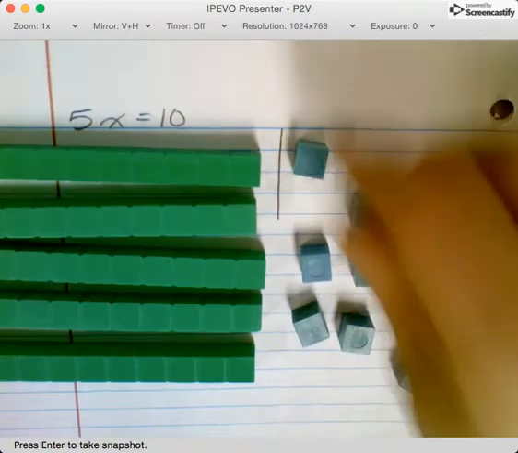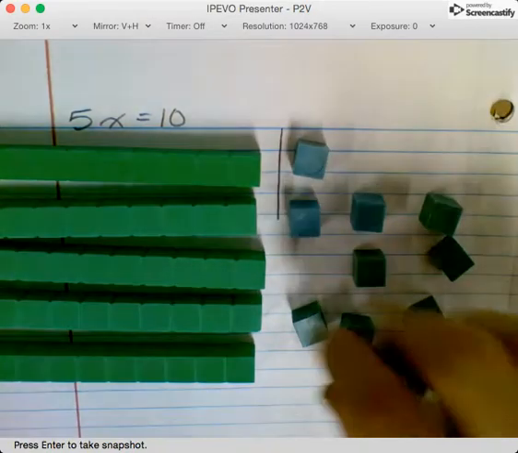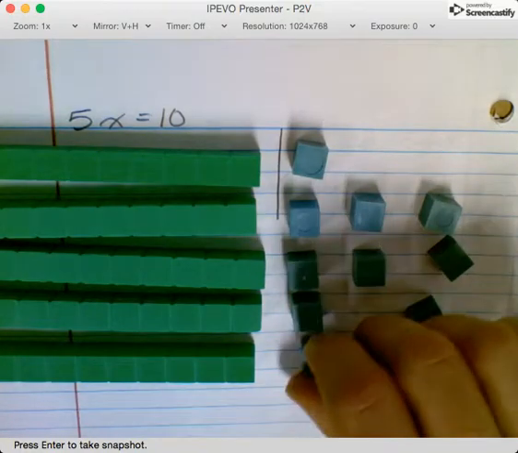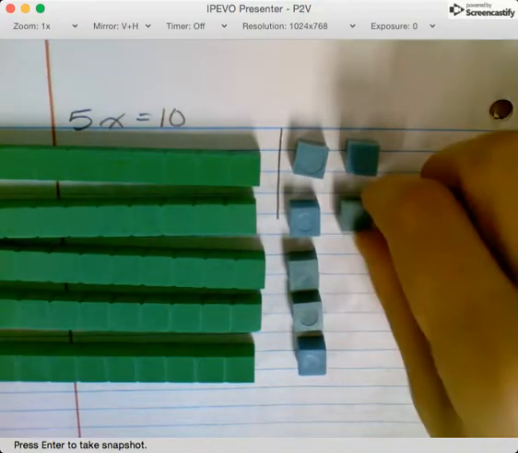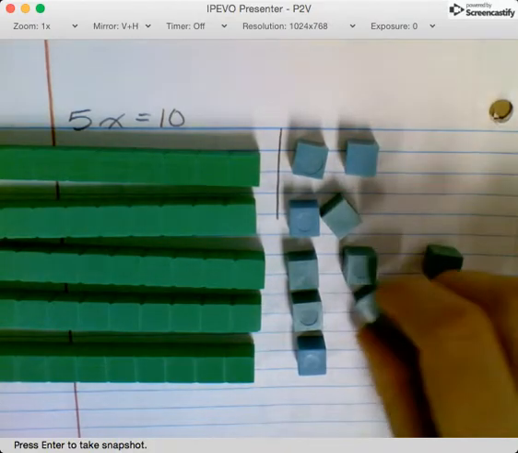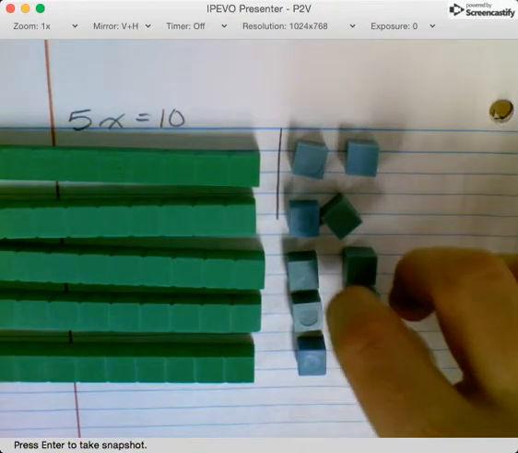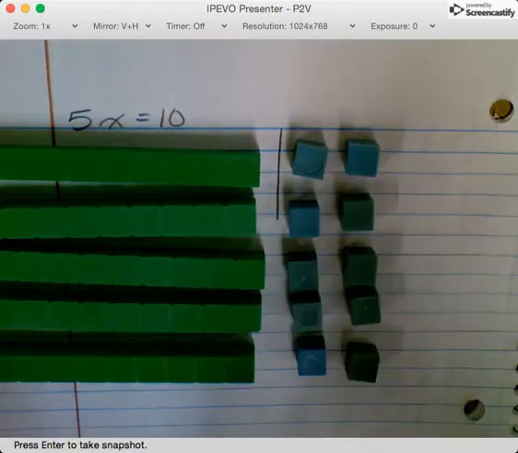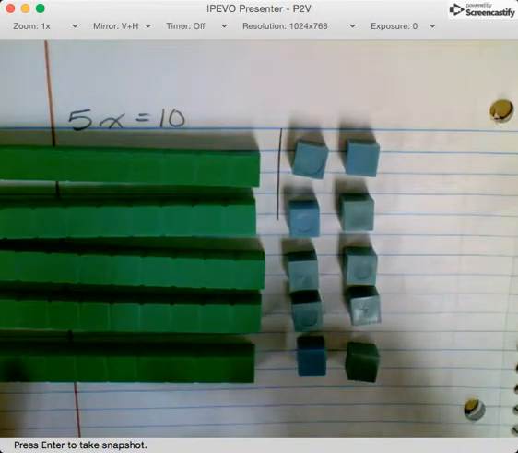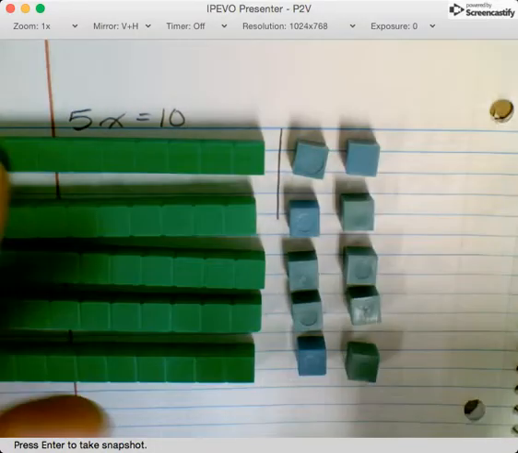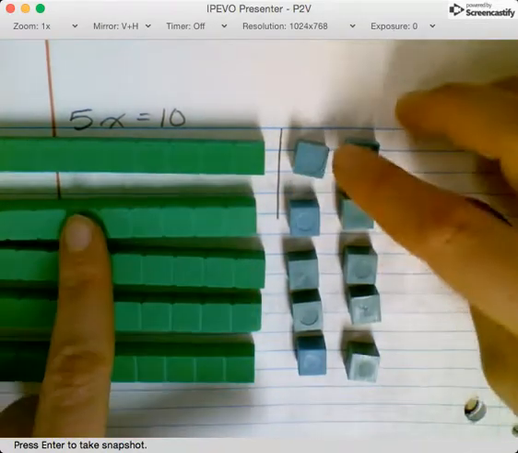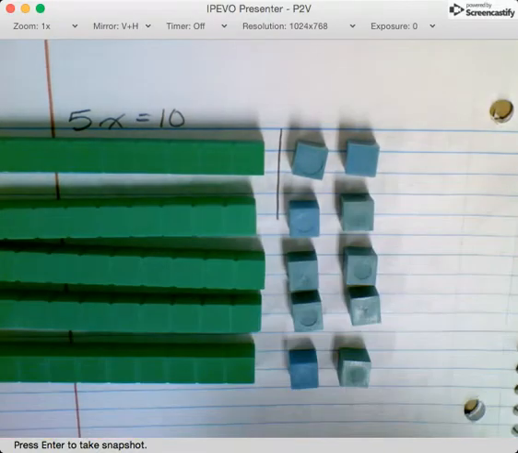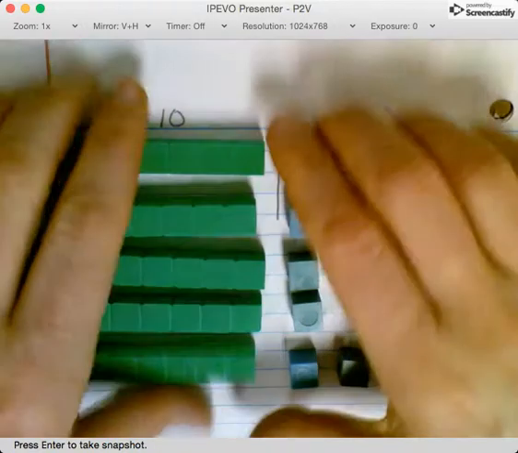So I'm going to have 1 group, 2 groups, 3 groups, 4 groups, 5 groups. I have to make sure my groups are equal. And if I look at this, I know for every x, there are 2 little blocks. So that means that x is going to be equal to 2.